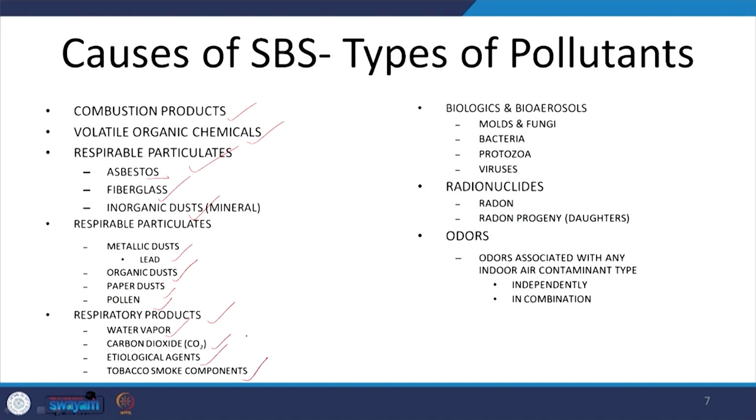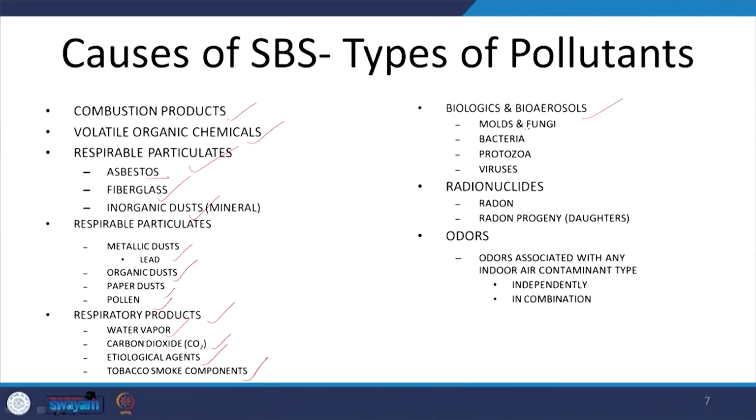These are also contaminants and there are standards for how much of each can be present. Some are absolutely prohibited, while some can be present within given limits. Then we also have biologics and bioaerosols, for example molds and fungi.